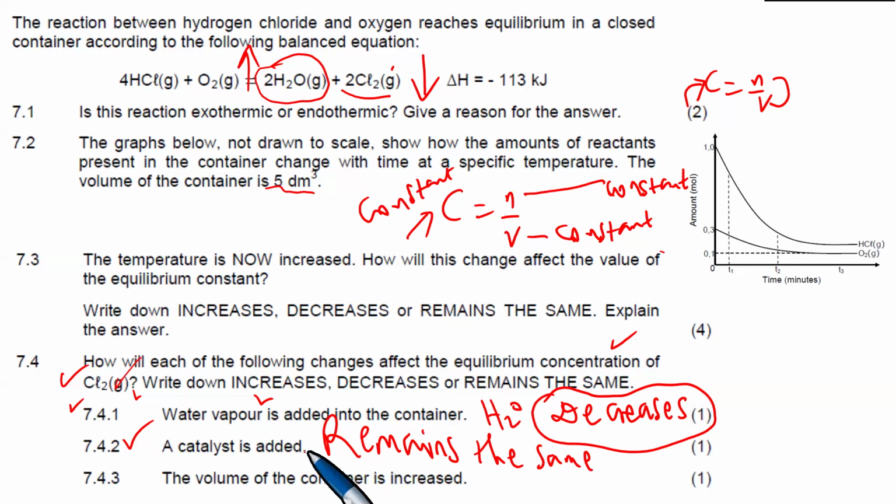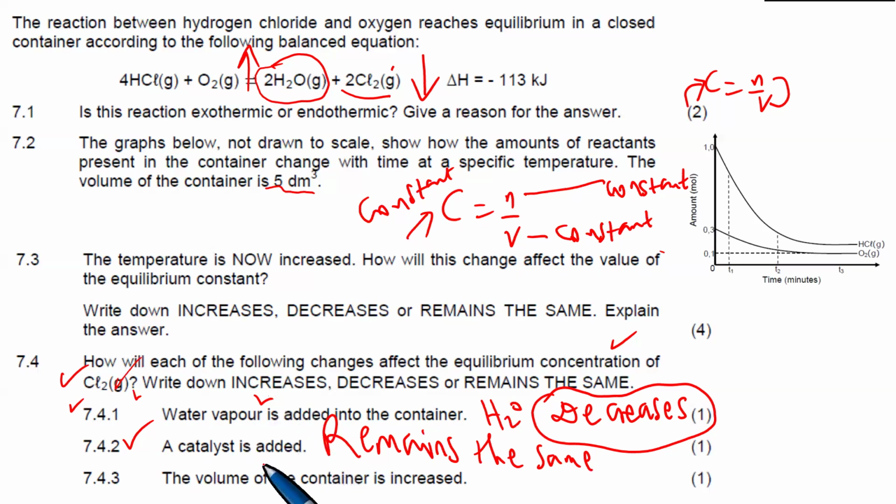So if concentration is constant, and we are asking how the equilibrium concentration of Cl2 will change, adding a catalyst is not going to change it, because the number of moles is constant, the volume is constant, and therefore the concentration does not change at all. The concentration therefore remains the same, because concentration is number of moles on volume. Both are constant. So the concentration of Cl2 remains constant when the catalyst is added to a reaction mixture. You can ask a question.